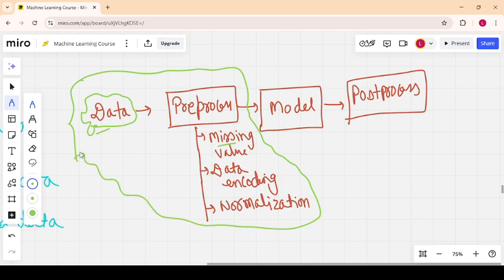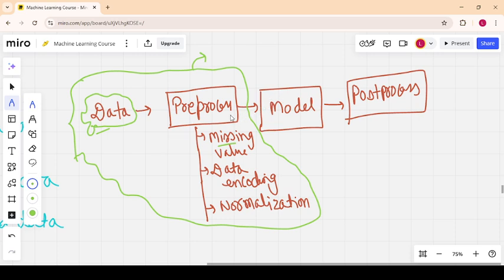That is a very important step we must know, because if you feed a dataset without doing this, you will get very low accuracy and your model will not perform well. So before feeding a dataset into a model, we need to pre-process it so that the model will accept the dataset in the format it requires.